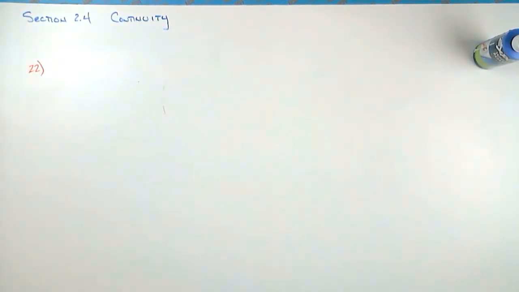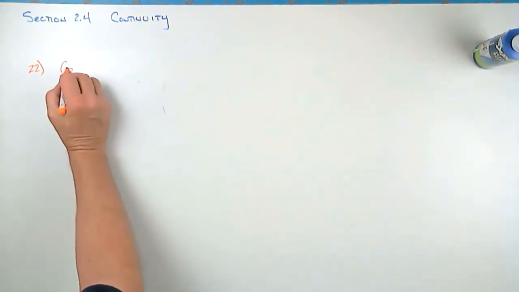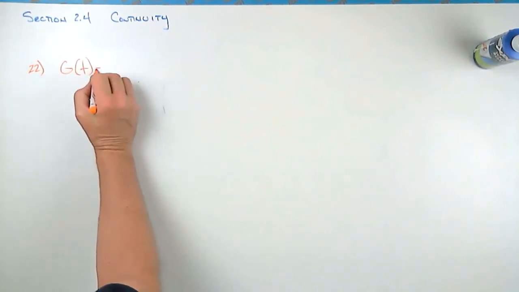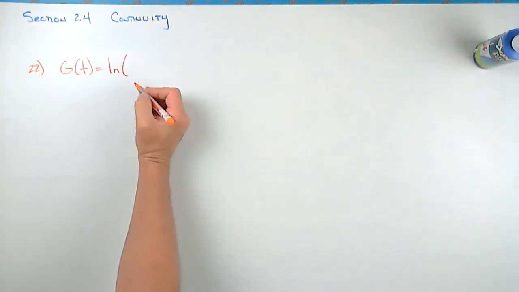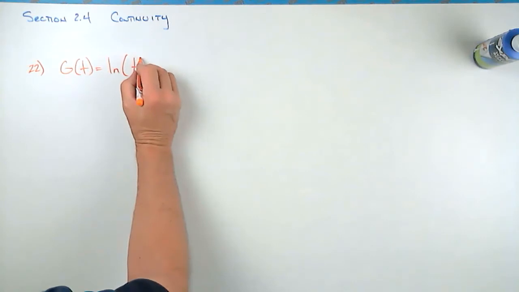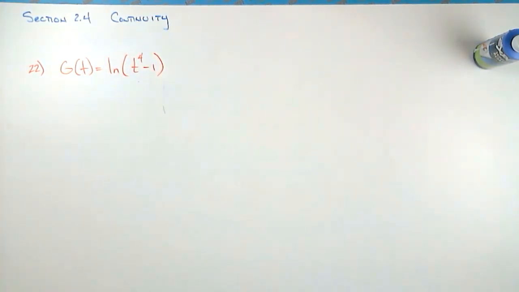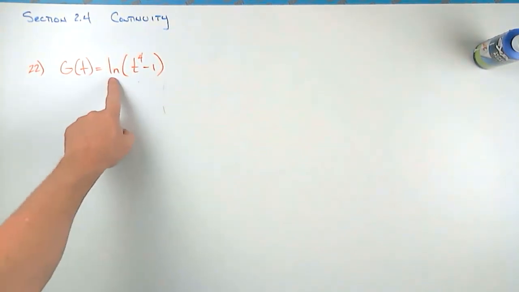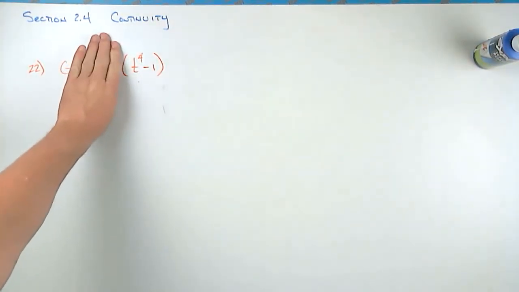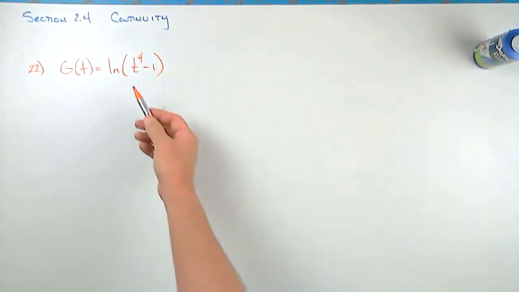The function we're given here is g of t equals the natural log of t squared, t to the 4th minus 1. Now, if all we had to do here was just explain why t to the 4th minus 1 was continuous for all numbers in its domain, we could say, well, that's a polynomial.